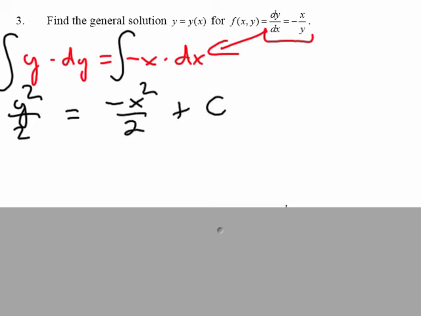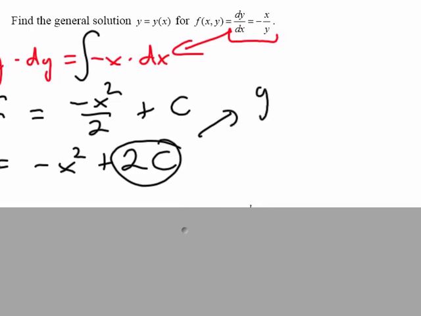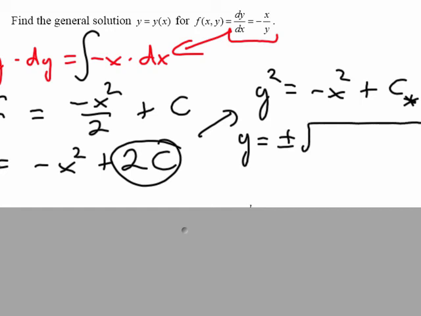I'm going to multiply both sides by 2. Two times a constant is another constant, so if you wanted to call that constant star, that's fine. And if we can, we want to isolate for y. And we can if we square root. But when we do that, we need to remember that the solution to a differential equation is always a function.